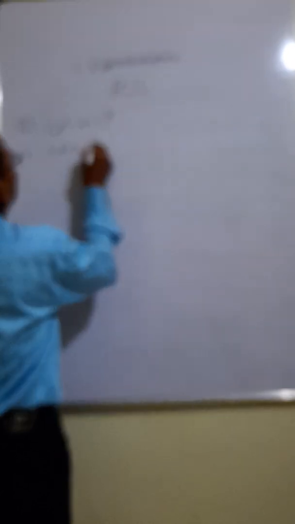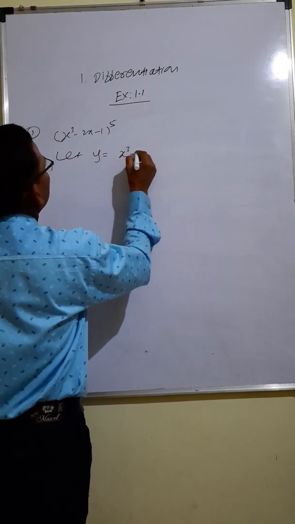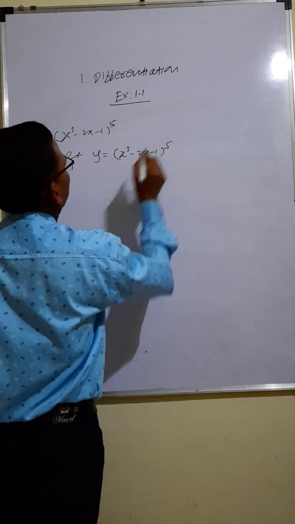So let y equal x cube minus 2x minus 1, to the power 5.